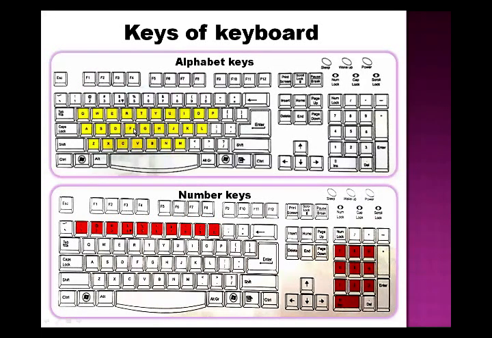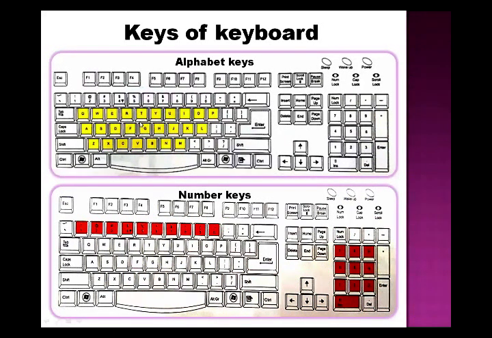Now we will learn about alphabet and number keys. The keys which are highlighted with yellow color, these all are the alphabet keys. Why do we call these alphabet keys?